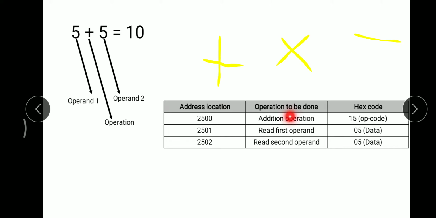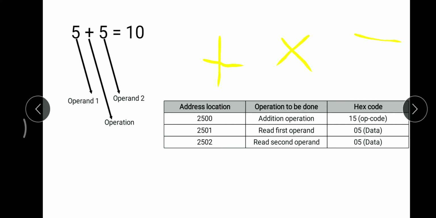So each operation that has to be performed should be represented in terms of an operation code. For addition it may be 15, for subtraction it may be 25, for multiplication it may be 35. These are all predefined for 8085.